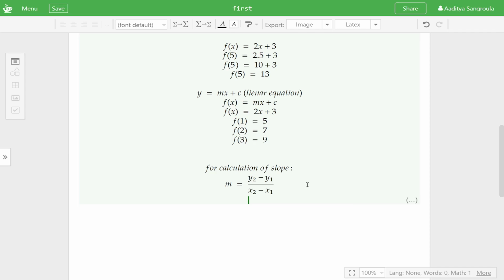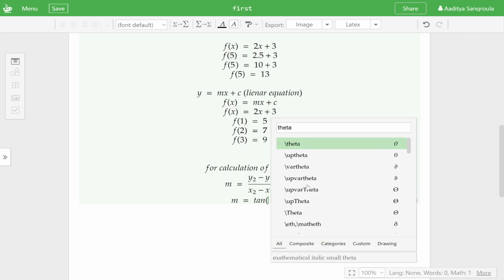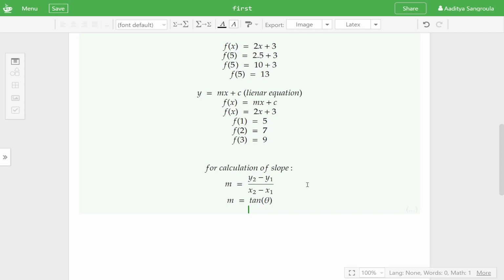And it is also equal to tan theta, where theta is the angle the line makes with the x-axis in the positive direction, which means anti-clockwise direction.